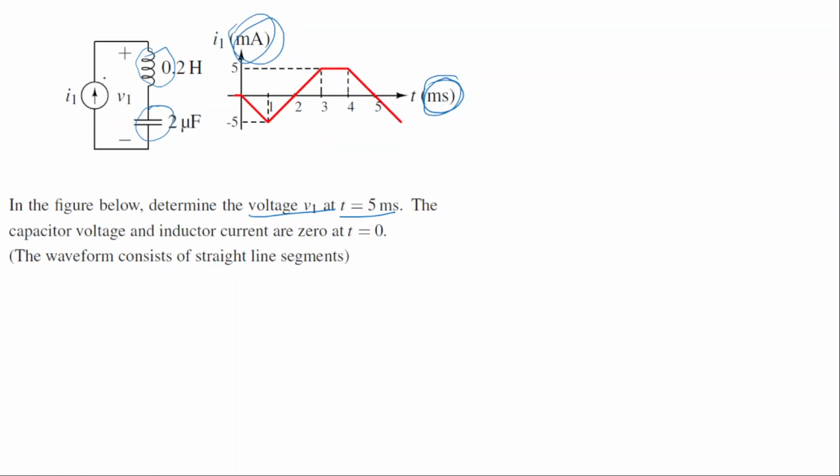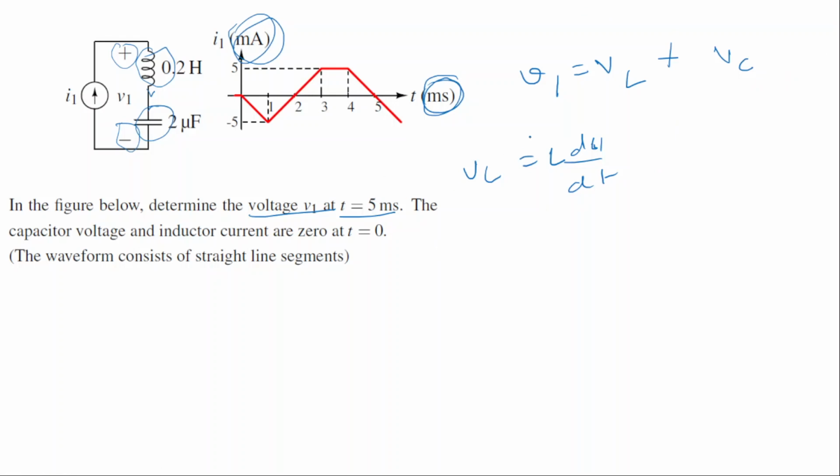So V1 is the voltage along this terminal. V1 will be equal to the voltage across the inductor plus the voltage across the capacitor. The voltage across the inductor is L di1 by dt, because the current will be the same in this branch as these are connected in series.